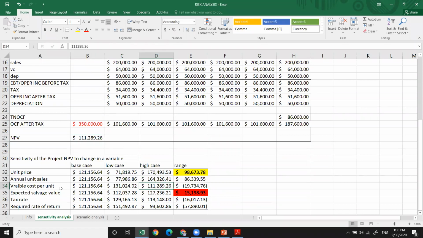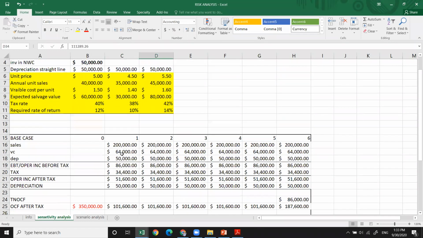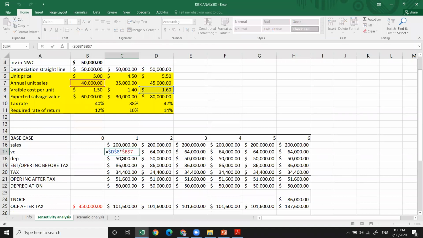So if the variable cost per unit increases, my NPV will still be positive. Great. Then I move further. So I bring back.